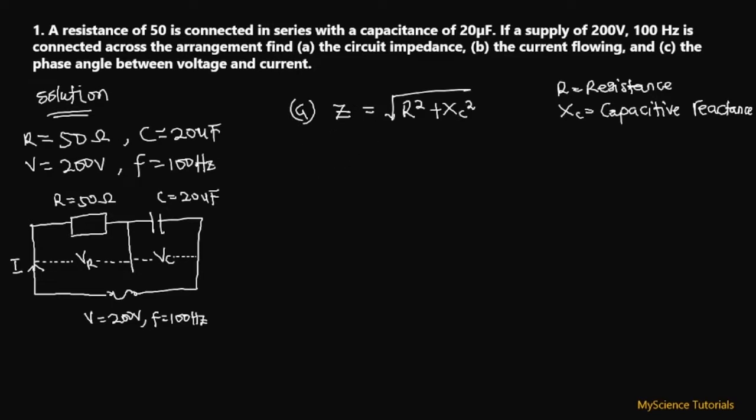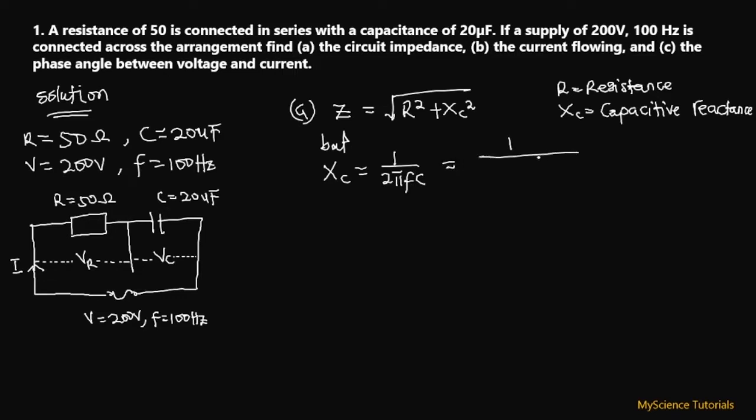We have the resistance but not the capacitive reactance. We only have the capacitance of the capacitor. But XC is given mathematically as 1 over 2 pi FC. That is the formula for our capacitive reactance.